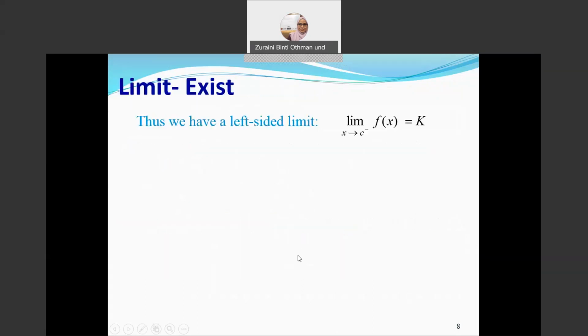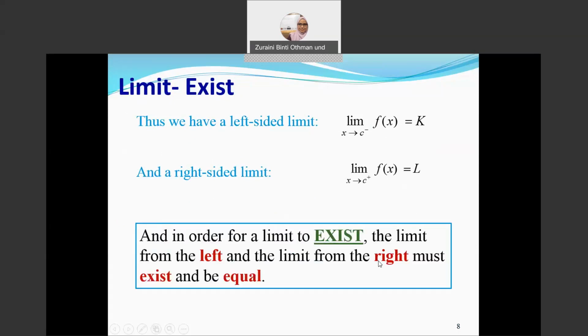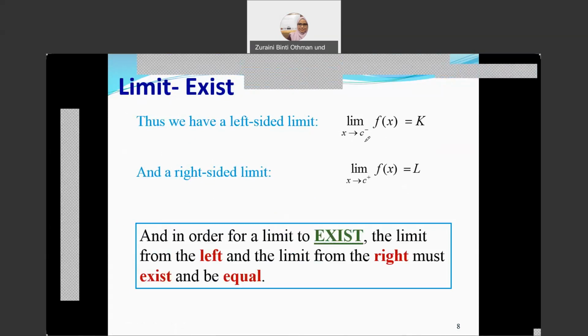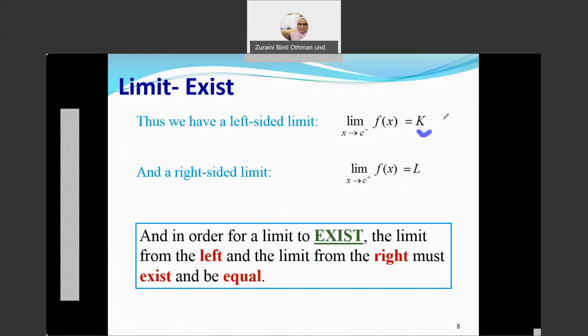Okay, so now, okay, for limit exists, maksudnya limit, kita ada keadaan di mana limit ni tidak wujud, dan bila dia wujud, okay, from the left side, maksudnya dia ialah K, contoh, okay, dan the right side, dia ialah L, so then kita kena, okay, maksudnya kat sini, contoh kalau dia kata daripada sebelah kiri ialah K, contohnya 5, K ni 5, dan di sebelah kanan, limit daripada sebelah kanan ialah L. Nampak tak berbeza dengan L tu?